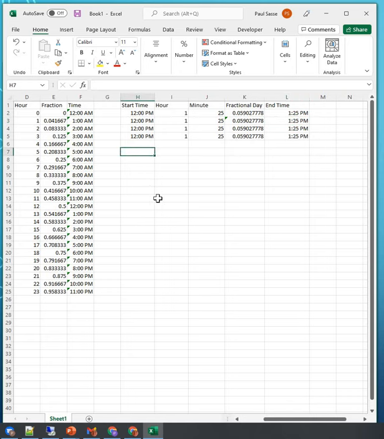Okay, so you can do things like, let's say it's 1:08 and 31 seconds, and I want to add, I don't know, 15 minutes and 8 seconds. Okay, so I can do equals 15 divided by 1440 plus 8 seconds divided by 86,400.